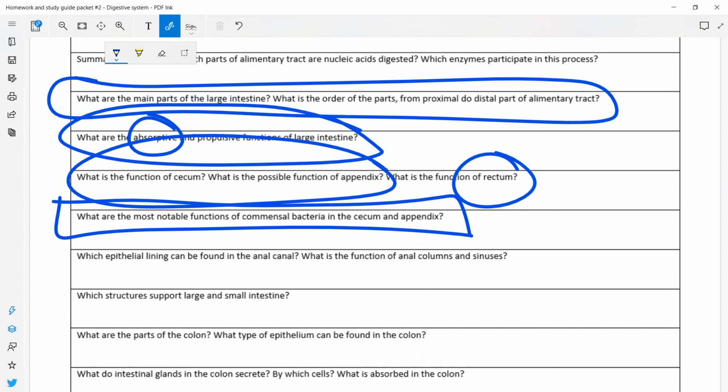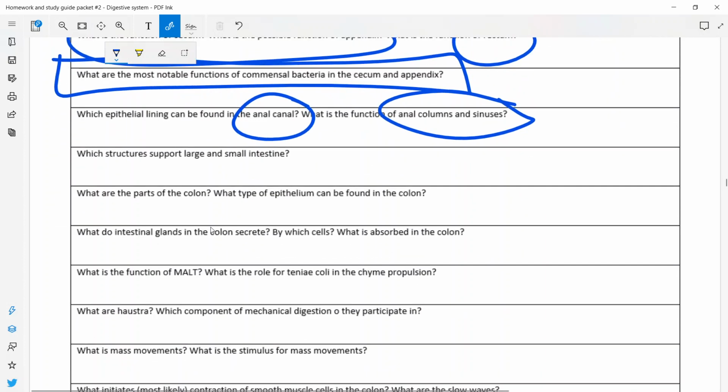Epithelial lining in the large intestine is columnar. In the anal canal, simple columnar changes to stratified squamous. Columns and sinuses in the anus produce mucus. Various mesenteric structures support the large and small intestine.